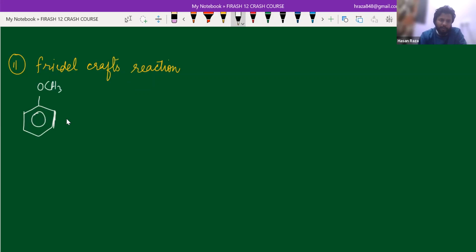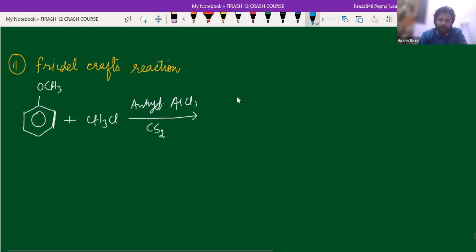And if you are going to react this anisole with CH3Cl, chloromethane, in the presence of anhydrous AlCl3 and CS2, carbon disulfide, then a methyl group will be added at ortho and para as well.